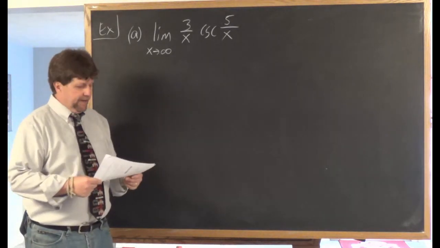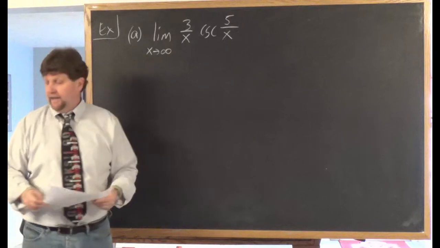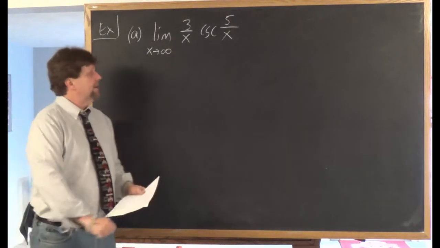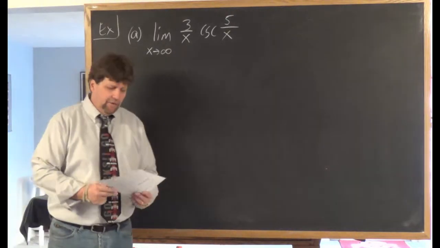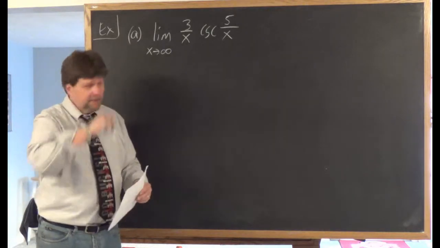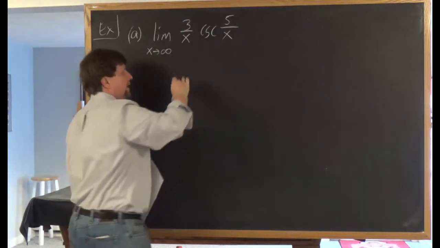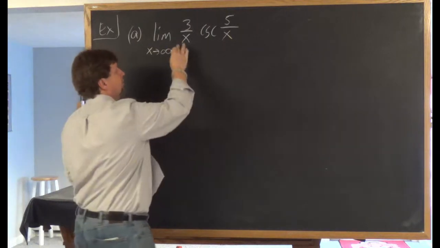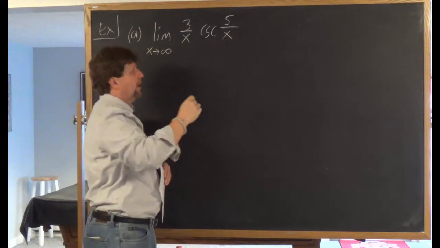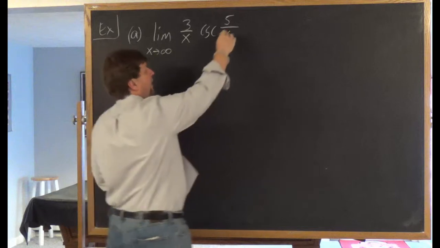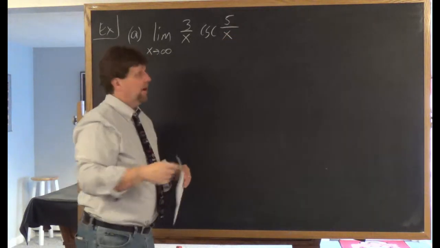Part A, let's find the limit as x heads off to infinity of 3 over x times cosecant 5 over x. Now notice in this form, as x is getting really large, 3 over x gets close to 0. 5 over x gets close to 0.